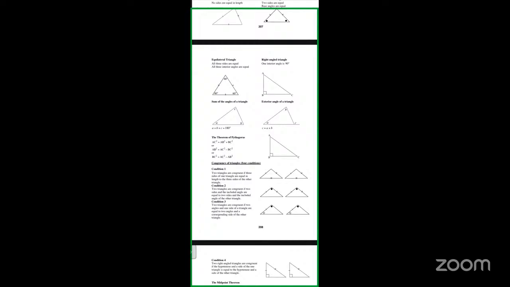You only apply Pythagoras theorem on a right-angled triangle, whereby if you sum the squares of the other sides, the subject of the formula squared is going to be the hypotenuse. Then you can work around that by transposing, keeping in mind that if you transpose something to the other side, the sign changes. If it was positive, it's going to be negative. If it was negative, it's going to be positive.